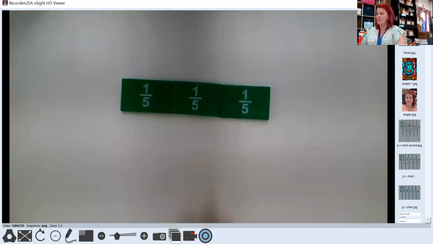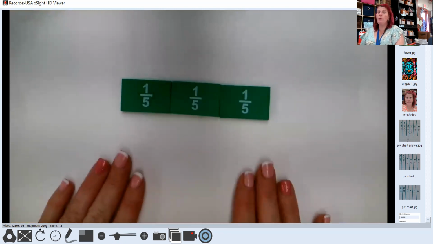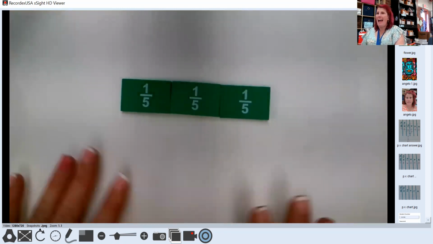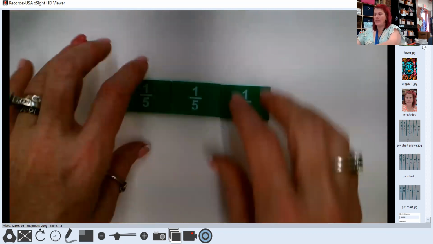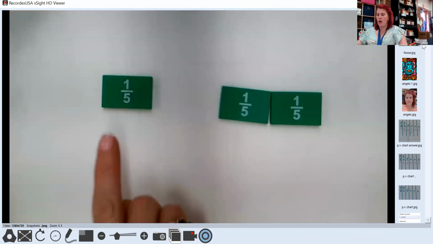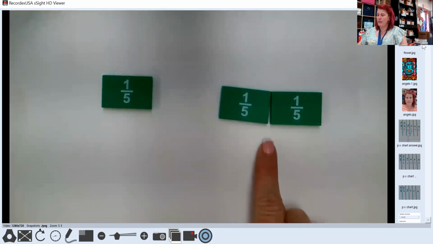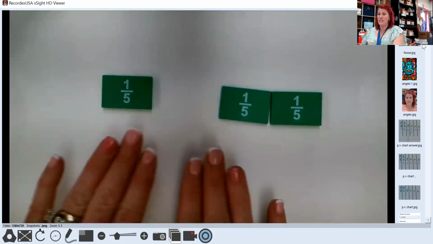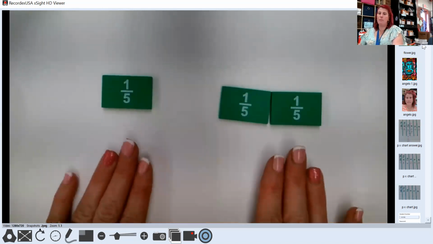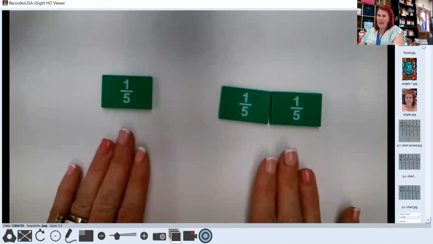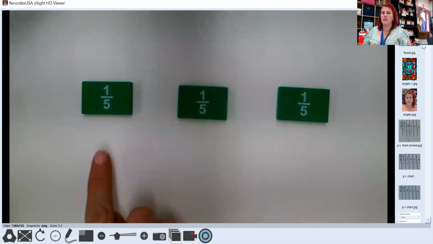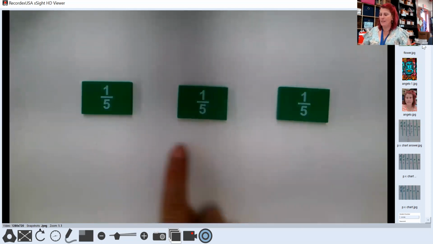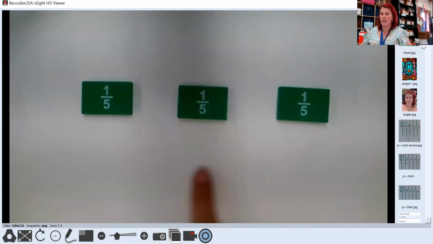Now, I need to be able to decompose or break apart this fraction into add-ins of a fraction where the sum of them all equal the same thing. So I could do 1/5 plus 2/5, which is still equal to 3/5. I decompose that 3/5 into two separate fractions that when they add together, they still equal that total. I could also do 1/5 plus 1/5 plus 1/5, because those three together, when added together, still equal the sum of 3/5.